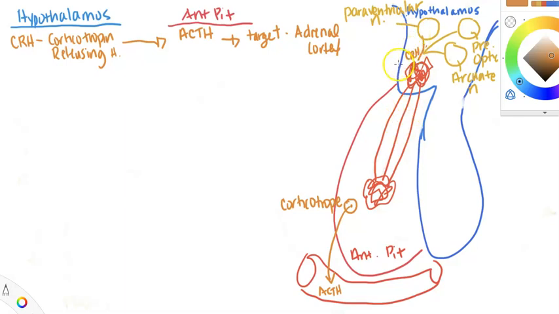All right, the paraventricular nucleus also secretes TRH. So that's thyrotropin releasing hormone. So it also comes from here.